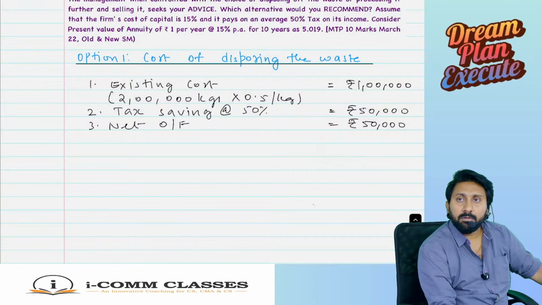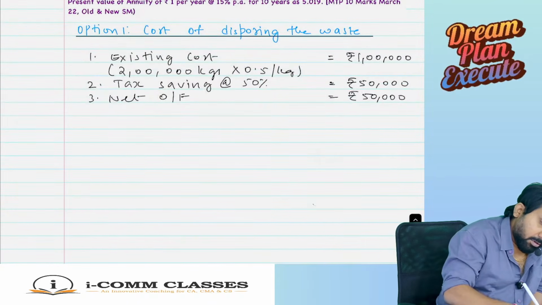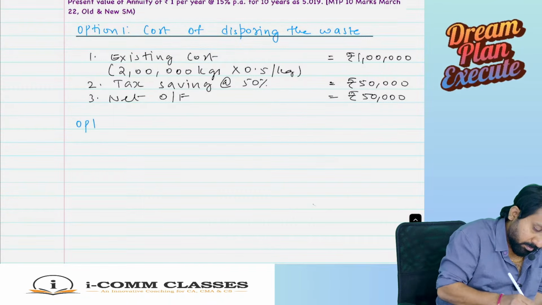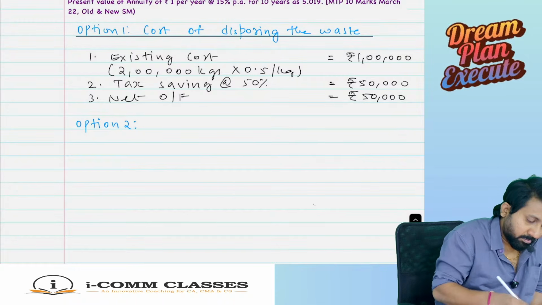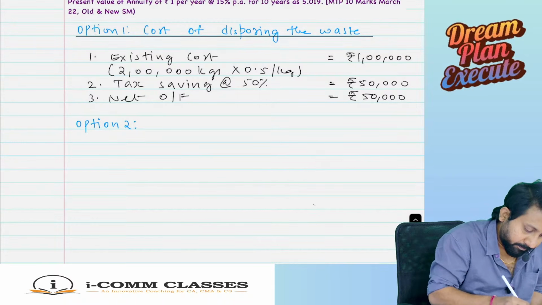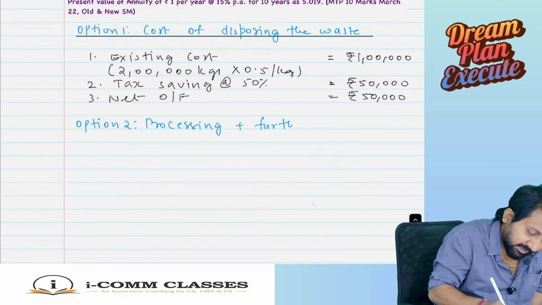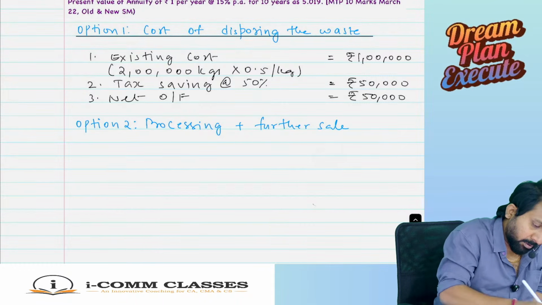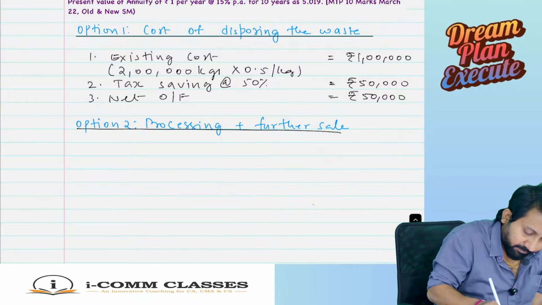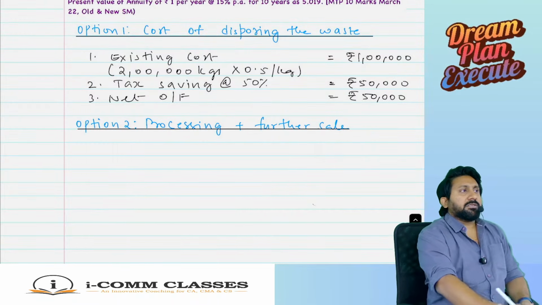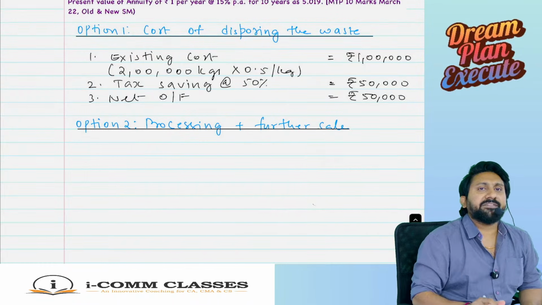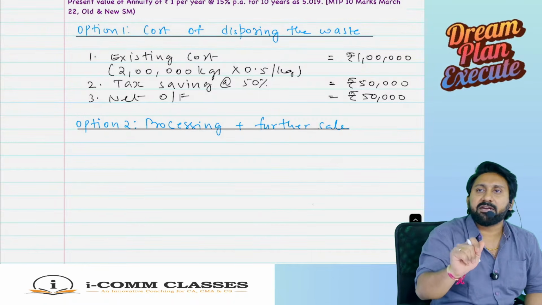Okay. Next. Option 2. Processing and further sale. So this is important. 70-80% already I said on calculator itself.